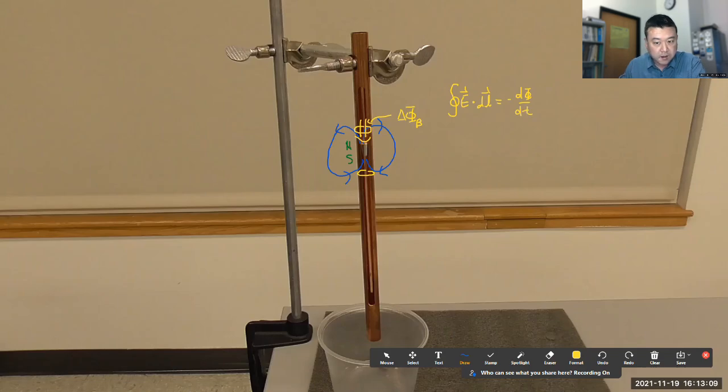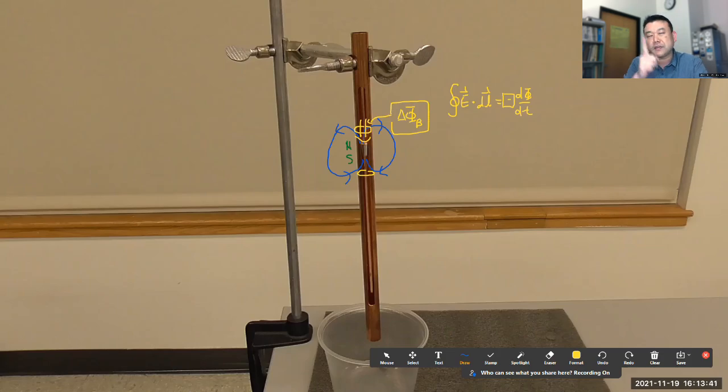And Lenz's law, which is referring to this minus sign here, says you can figure out the direction of the electric field this way. If you imagine the current being produced by this induced voltage, then the direction of current is such that it opposes the direction of the original change in magnetic flux. So here, let me use one of my shortcut right-hand rules.